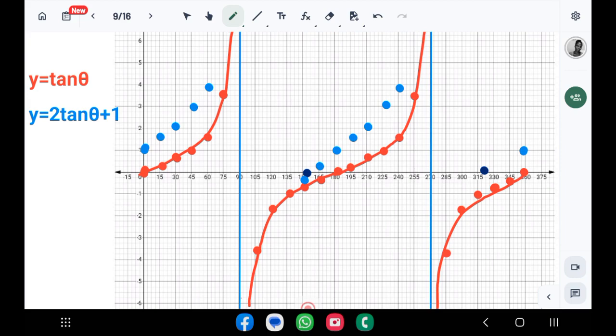All right. Next, at 135, let's see. Okay, that gives us negative 1. So at 135, it's exactly meeting with the other graph, the graph of tan theta. And then at 120, that is equal to negative 2,46. So it's just above negative 2.5, which is just there.